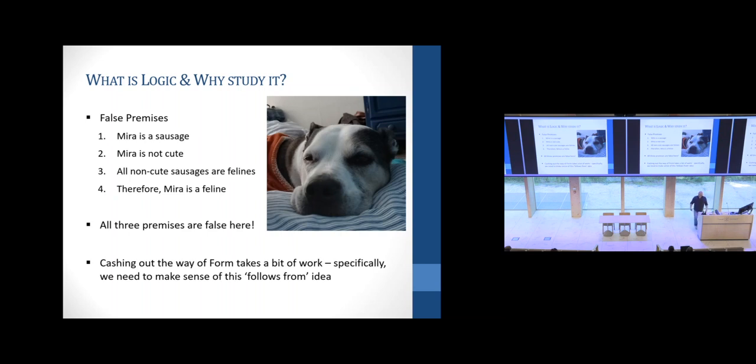Mira is obviously not a sausage. Mira is clearly fucking cute. Anyone who says otherwise is a moron. And it's not the case that all non-cute sausages are felines. So 1, 2, and 3 are false. So there's a sense in which this is a very bad argument. The premises are false. So they don't give us a reason to accept the conclusion.